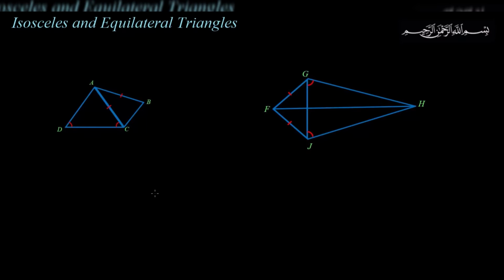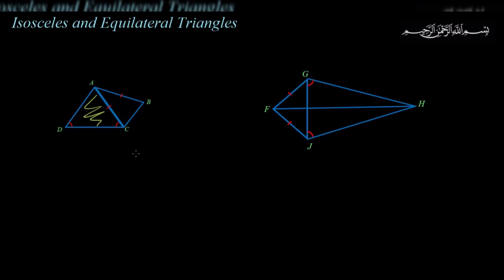So here's a couple of figures as illustrated in your examples in the textbook. And the idea here is to mark two congruent angles and congruent sides that we can deduce from these figures using the isosceles triangle theorem. So let's look at this first triangle here, triangle ADC.